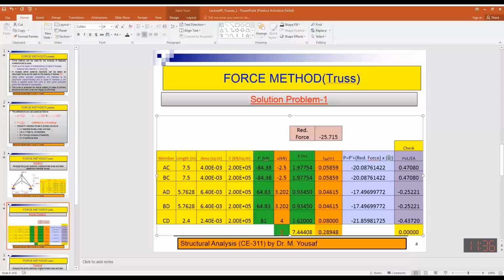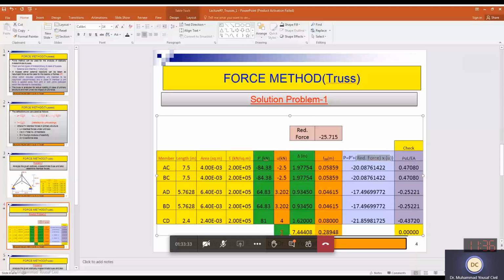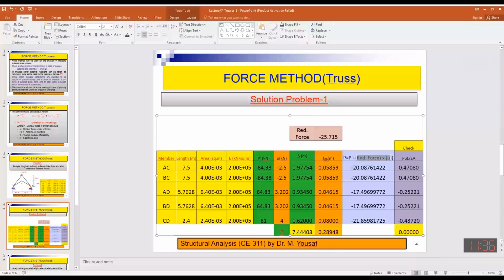And this is in accordance with the definition of stiffness or the flexibility.